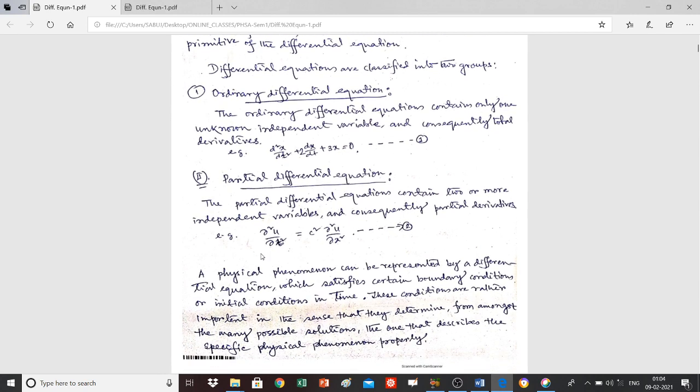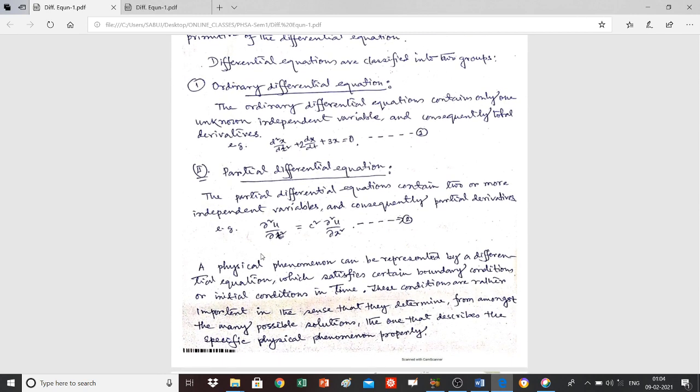Now come to the point that if you solve a differential equation, then you can easily find the unknown variable or unknown function. In case of solving a differential equation, you are actually discussing a physical phenomenon, because in physics you can describe or represent a physical phenomenon by using a differential equation.